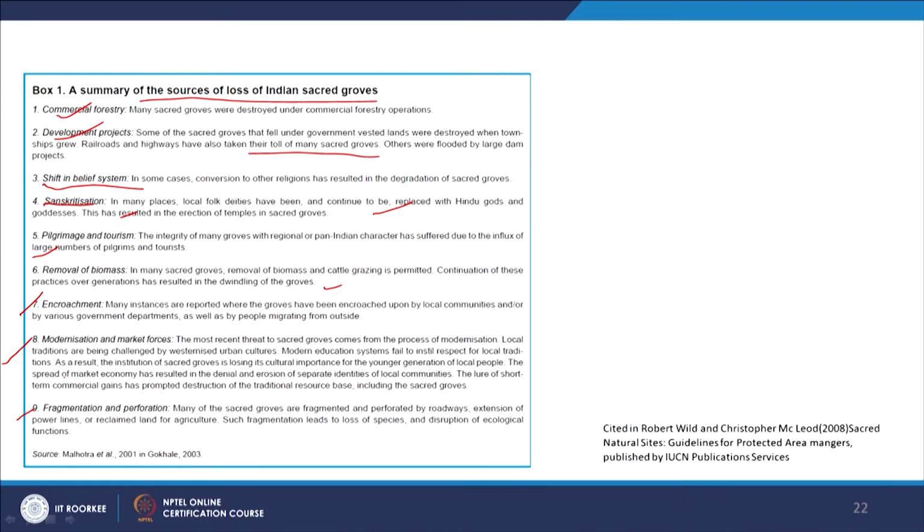Now, because of any road extensions or infrastructural projects, they actually make perforations into certain habitats, and such fragmentation leads to loss of species and disruption of ecological functions.